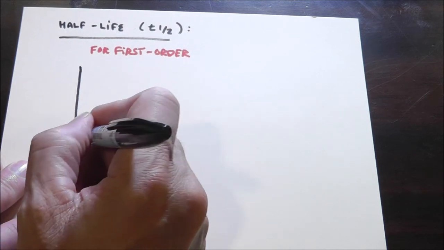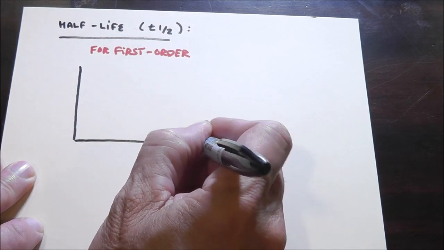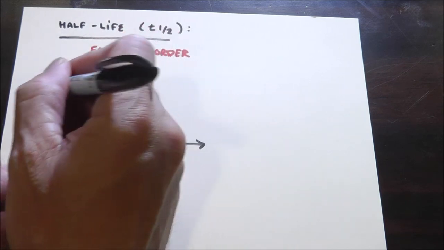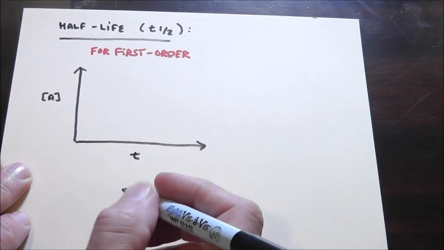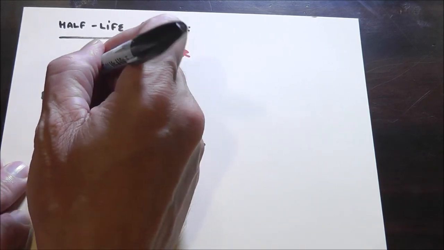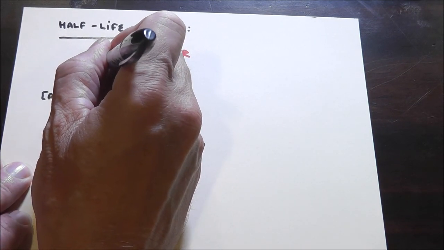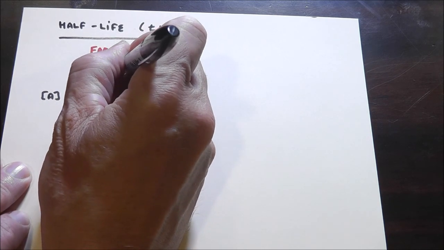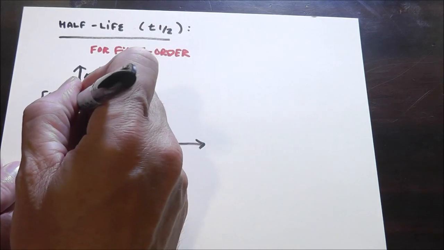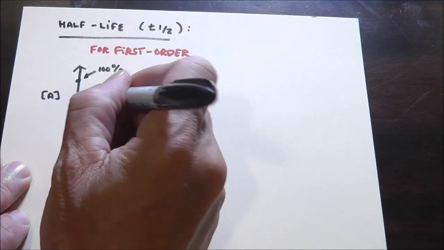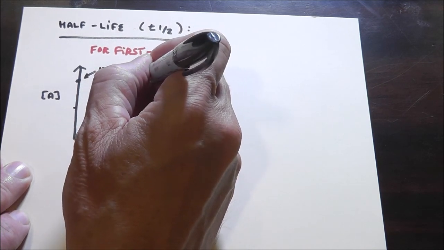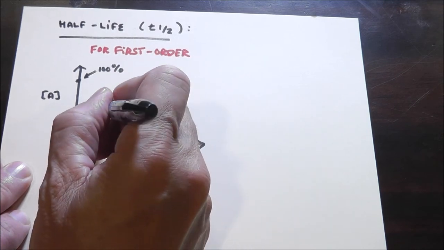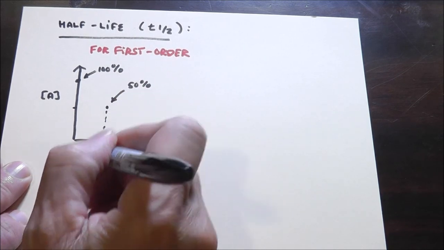So here's our concentration of A, here's our time, T. Here we've got initial, this would be 100%, and then after a certain amount of time we get to 50%. That's half, and this would be something we call T1 half.